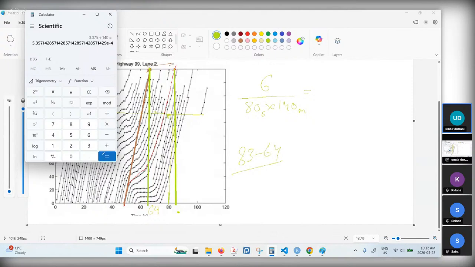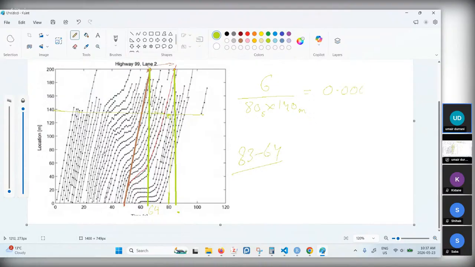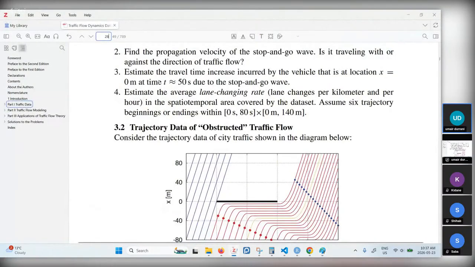0.0005 per second meters. That's the lane change rate.